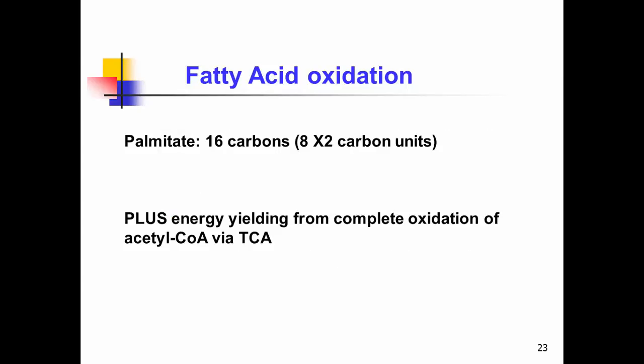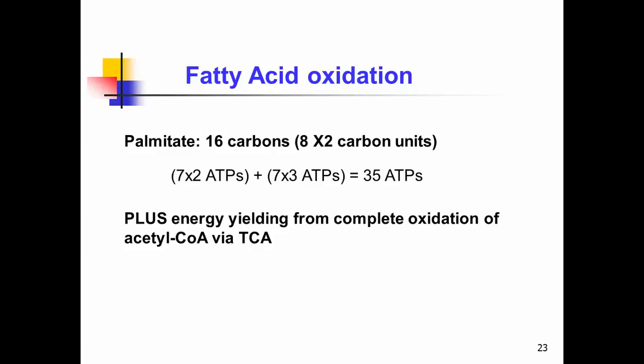And we take palmitate as the example. So palmitate basically is 16 carbons, so it will be able to produce 8 acetyl-CoA molecules once it's completely oxidized in the beta oxidation process.